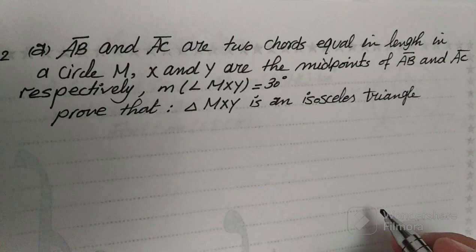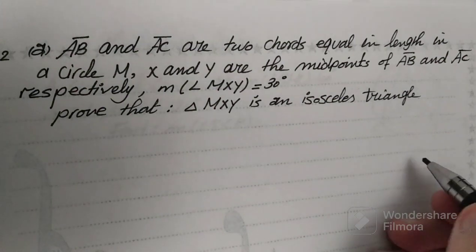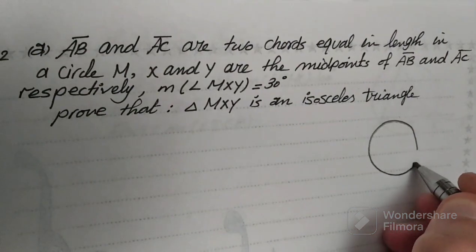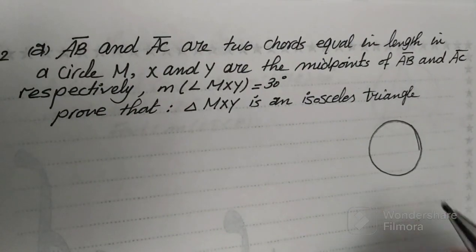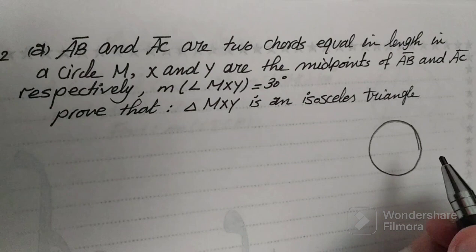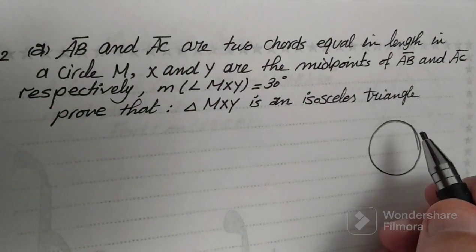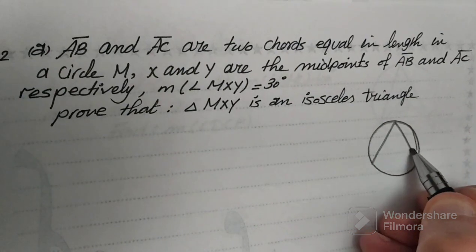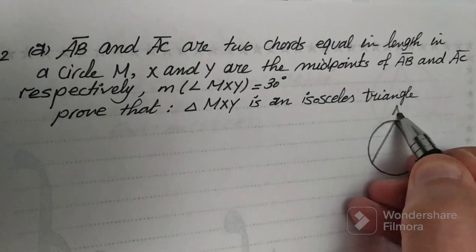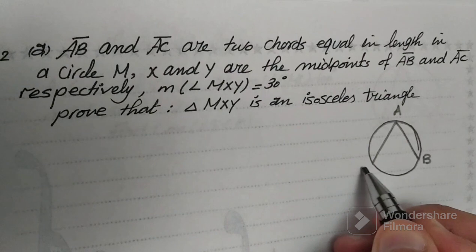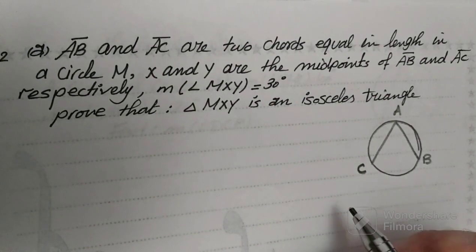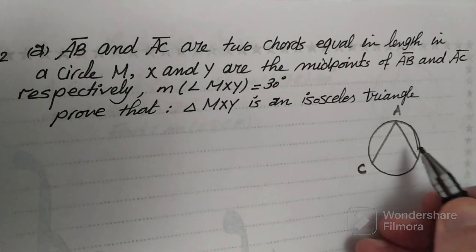First, we must draw the figure. Circle like this. AB and AC are two chords equal in length. X is the midpoint of AB.